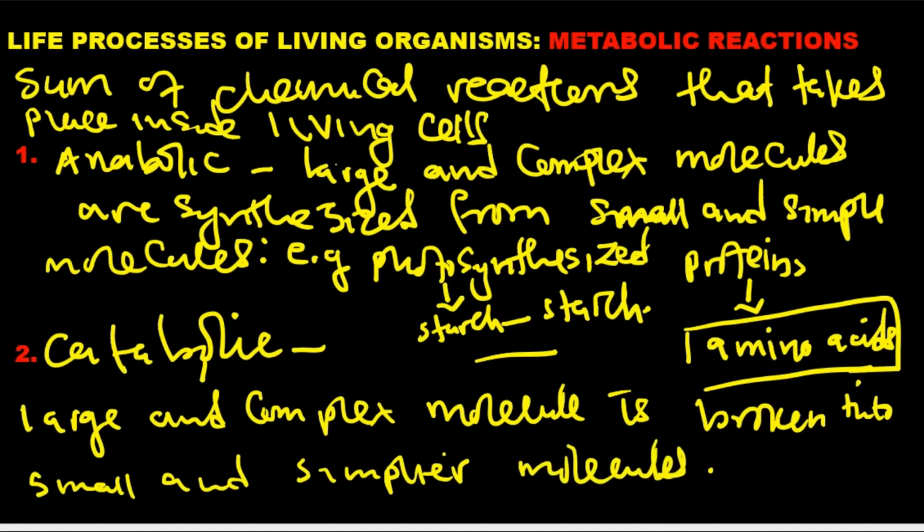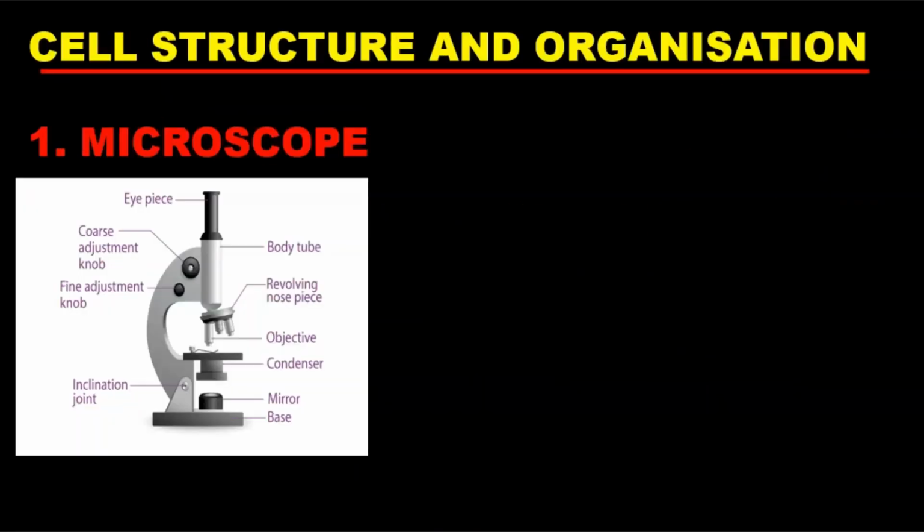So that is catabolism. In terms of example, we can look at the work of enzymes breaking down large molecules into smaller ones. Okay, so that is catabolism. Catabolism simply means breaking down. If you have a large molecule, it is broken down into small.